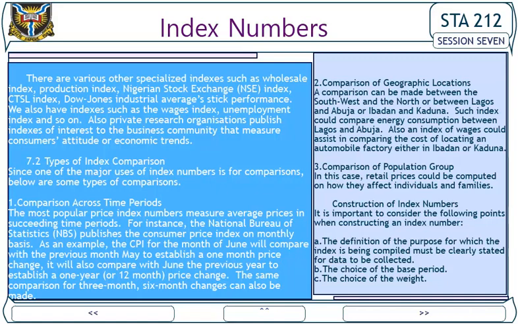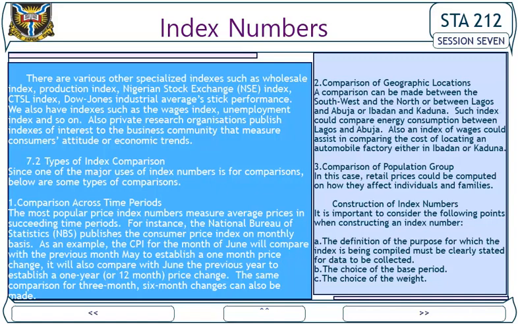Types of index comparison. Since one of the major uses of index numbers is for comparisons, below are some types of comparisons. 1. Comparison across time periods. The most popular price index numbers measure average prices in succeeding time periods. For instance, the National Bureau of Statistics (NBS) publishes the Consumer Price Index on monthly basis.